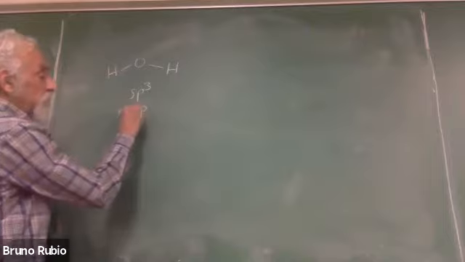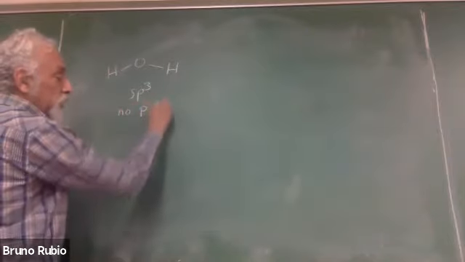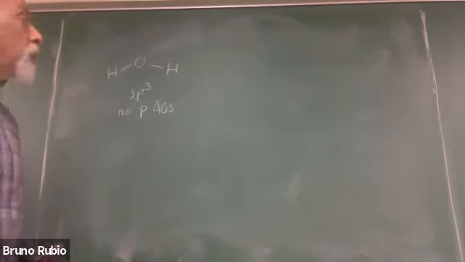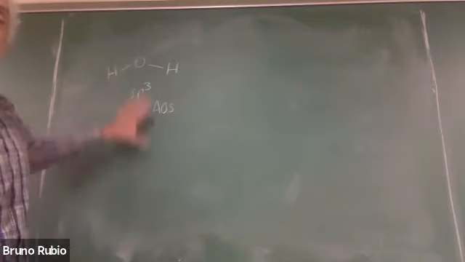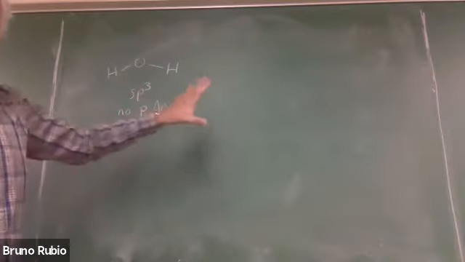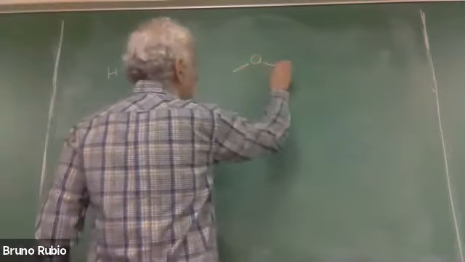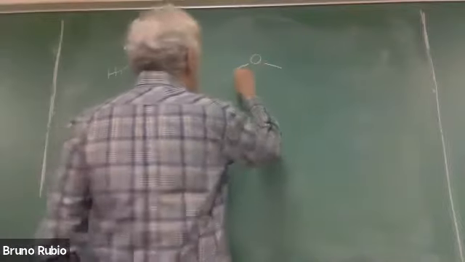There are no p atomic orbitals on that oxygen. They've been hybridized out. Okay, now, so we know that maybe since high school, right? So now let's change this up a little bit. Looks like water so far.